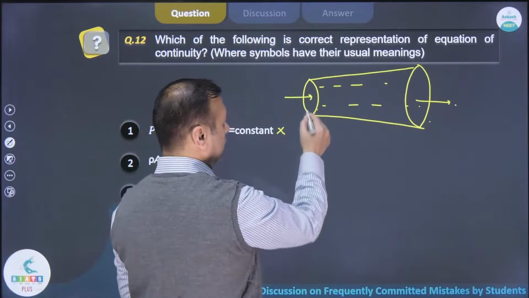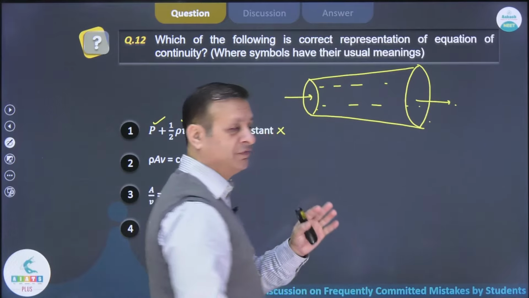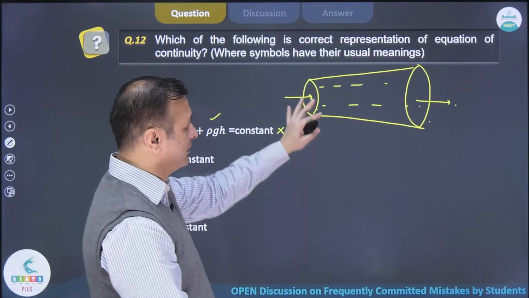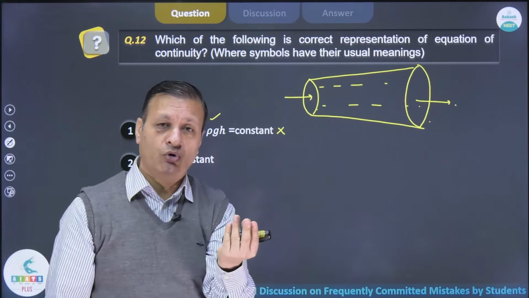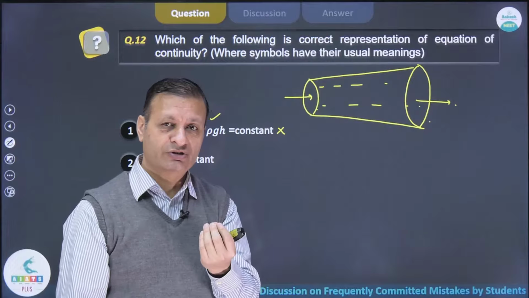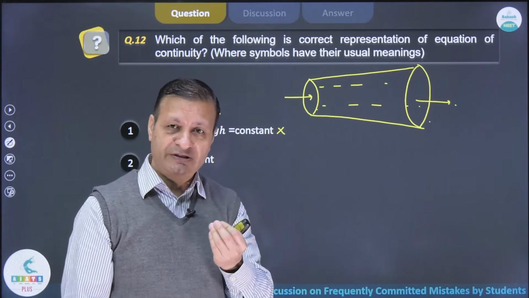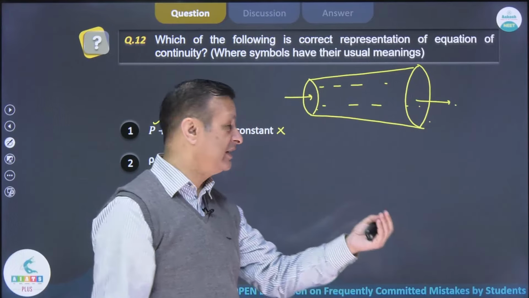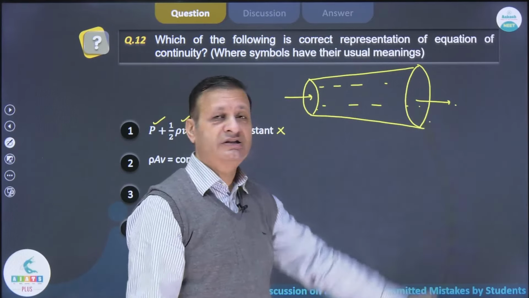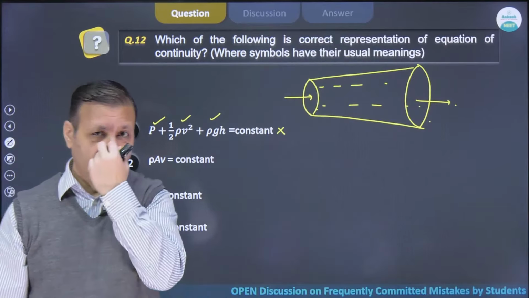Now at this point, the rate of flow of liquid, we are considering one more law, that is conservation of mass. If you define the rate of flow of mass, whatever input mass is entering at this point, the same amount of mass will flow out.